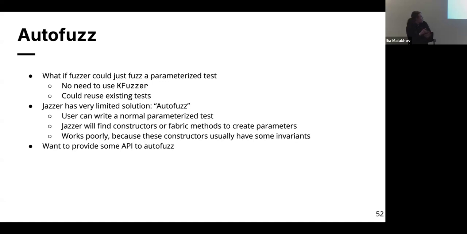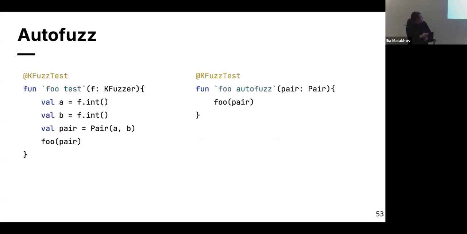In our project, we are also going to have such a feature, but with some more API to control it and guide it to be more useful. So on the left, you can see the test with kfuzzer, and on the right, you can see the same test written with autofuzz, as we expected.